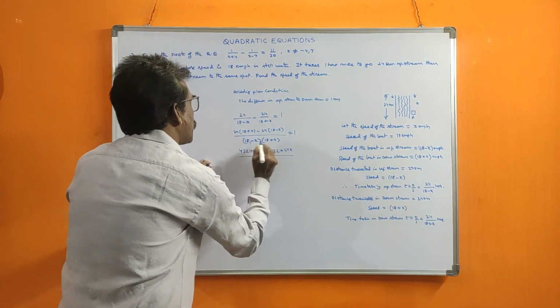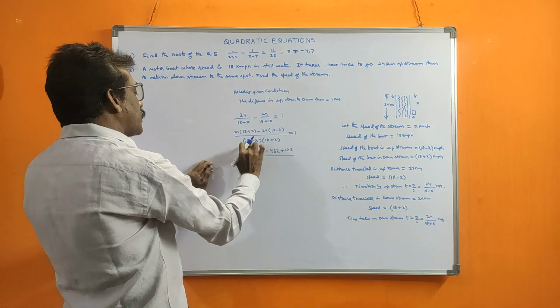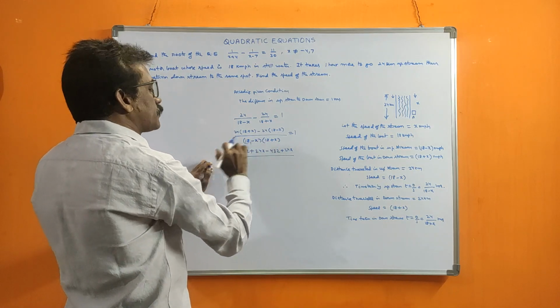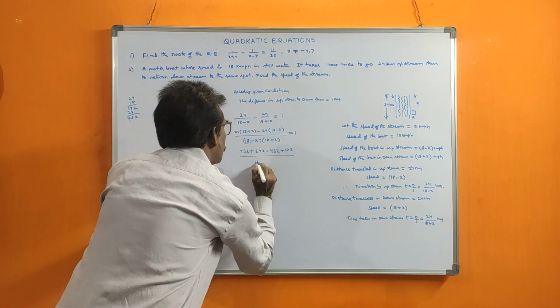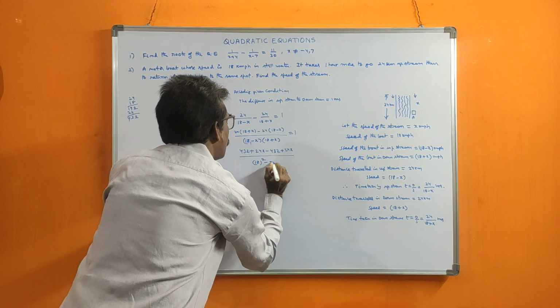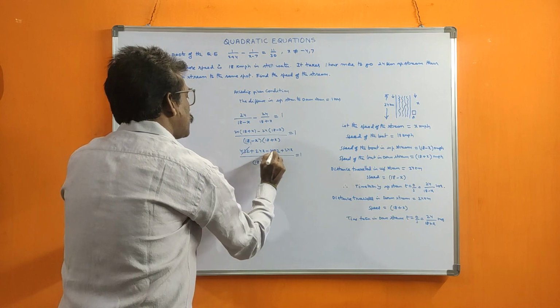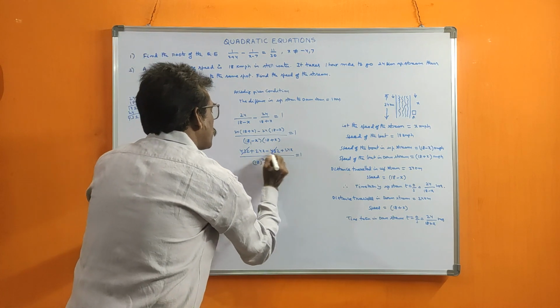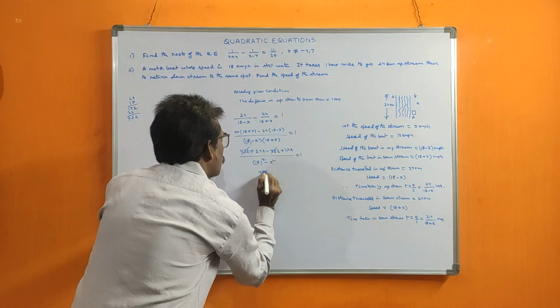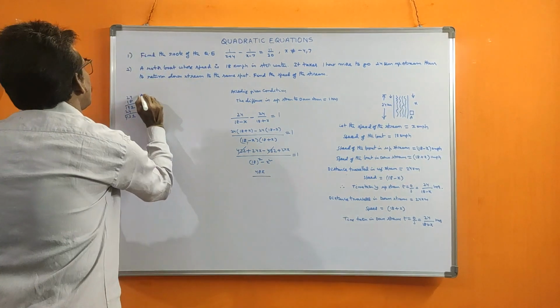Here no need to multiply all, because (a minus b)(a plus b) is a square minus b square, that is 18 square minus x square we can write. Now 432 minus 432 cancel, so 48x by 18 squared.